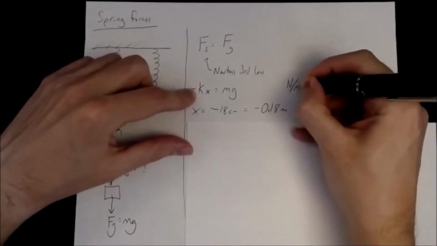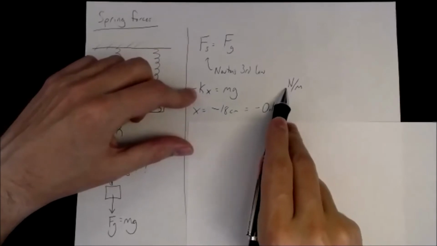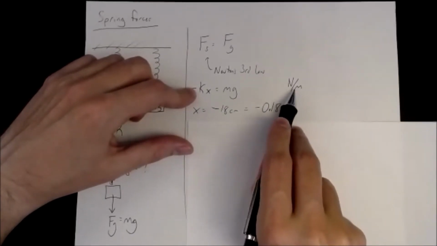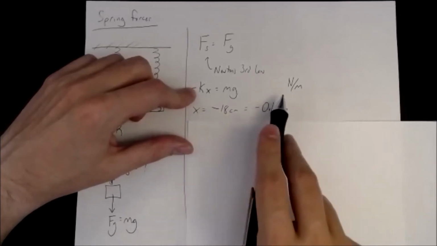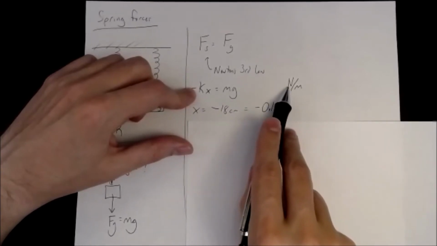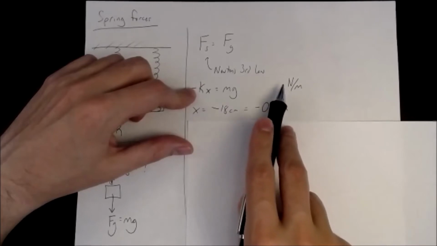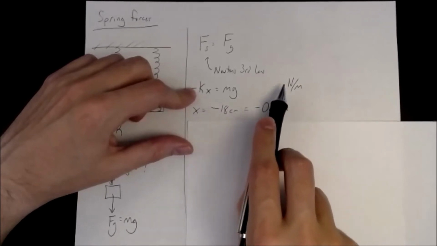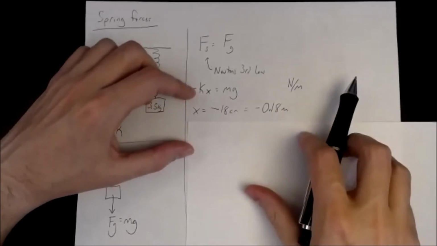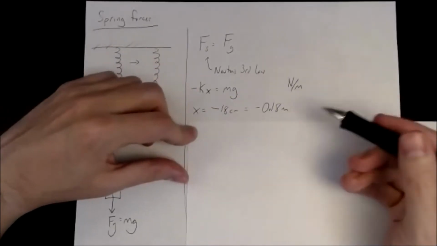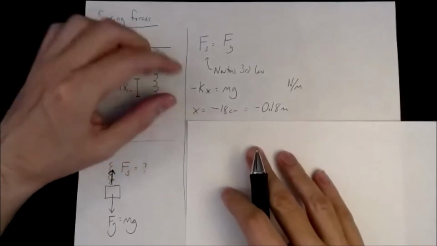If something takes 100 newtons to get stretched 1 meter, then the spring constant is 100 newtons per meter. If it takes 10 newtons to be stretched 2 meters, then it would be 10 newtons per 2 meters, or 10 over 2 newtons per meter, or 5 newtons per meter. So we need to get everything into meters to get good units.